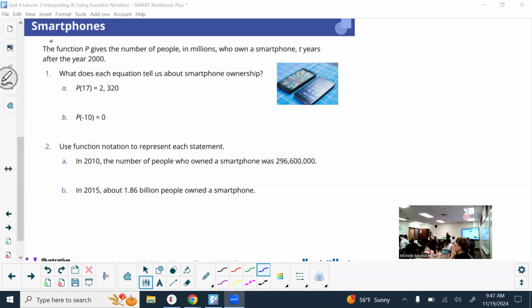I always tell you the units in the description. So table 4, what is that 17 referring to?